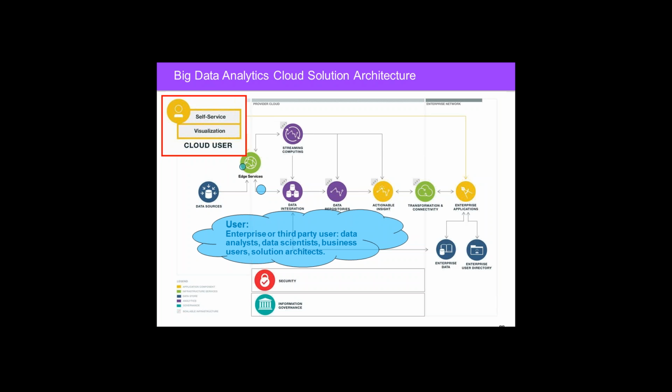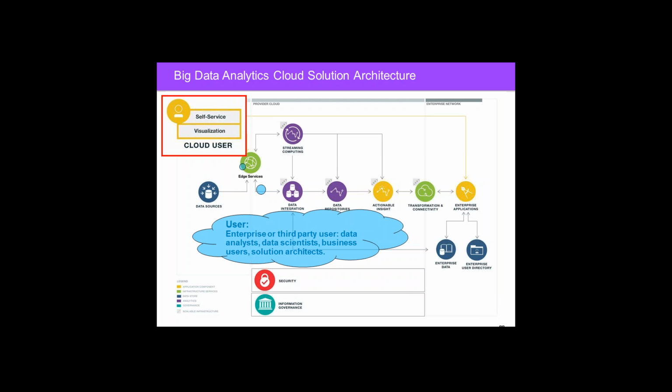The user can go in and use services made available by the cloud provider. The user will also have some capabilities to visualize the data, whether it's visualization components within the data repositories or the Actionable Insight applications, as well as there may be visualizations at other layers such as the data integration capabilities themselves as well.